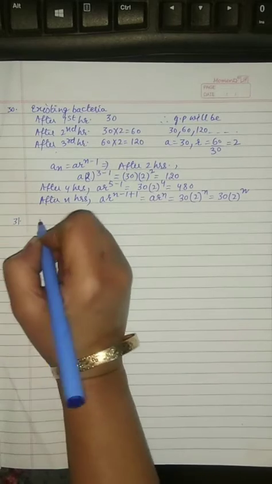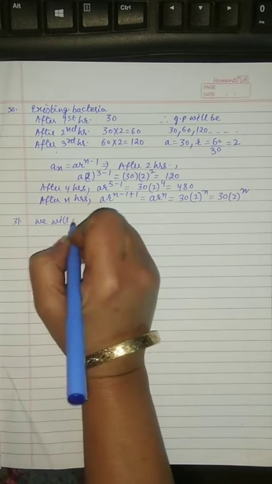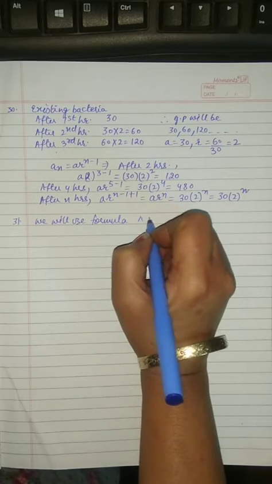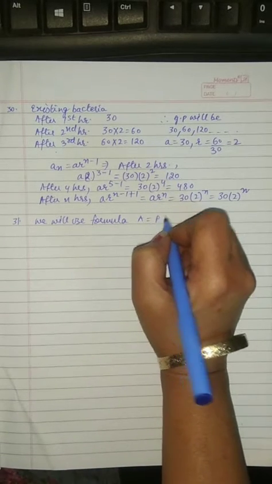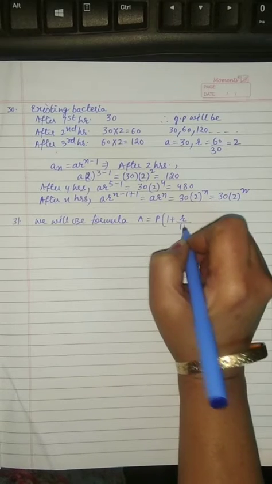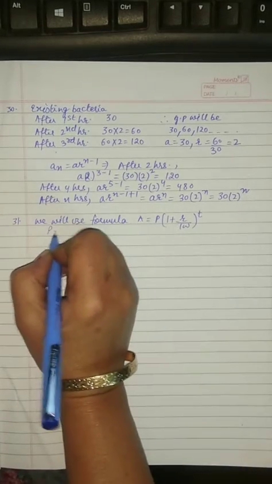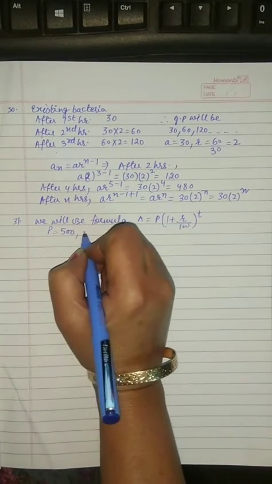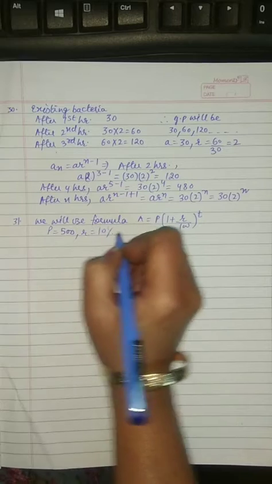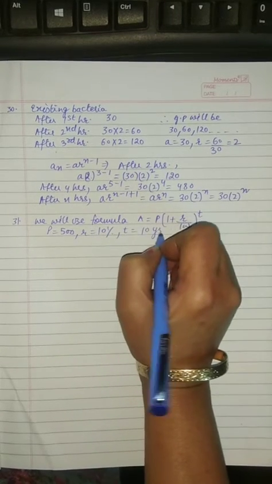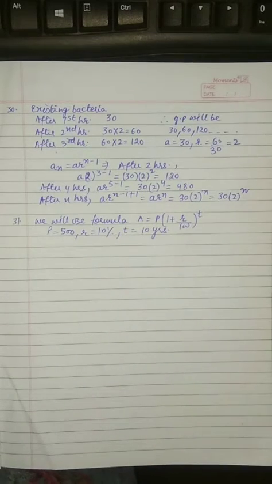We will use here the formula for finding amount, that is A is equal to P into (1 plus R upon 100) raised to power T. T here is time. So here principal is 500, our rate of interest is 10% and time is 10 years, and we have to find the amount.